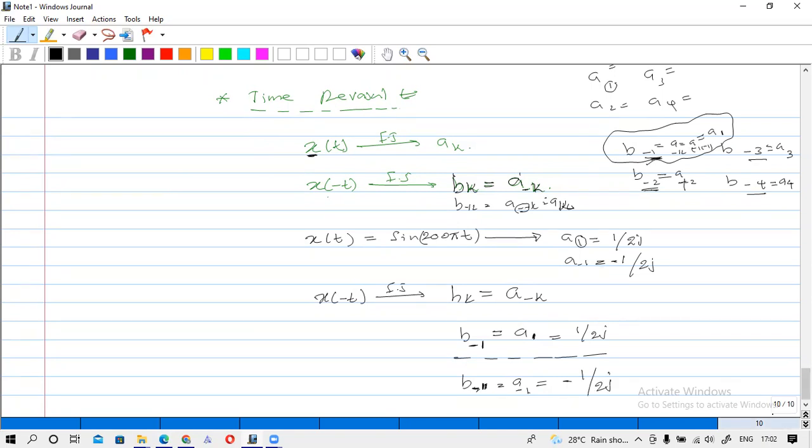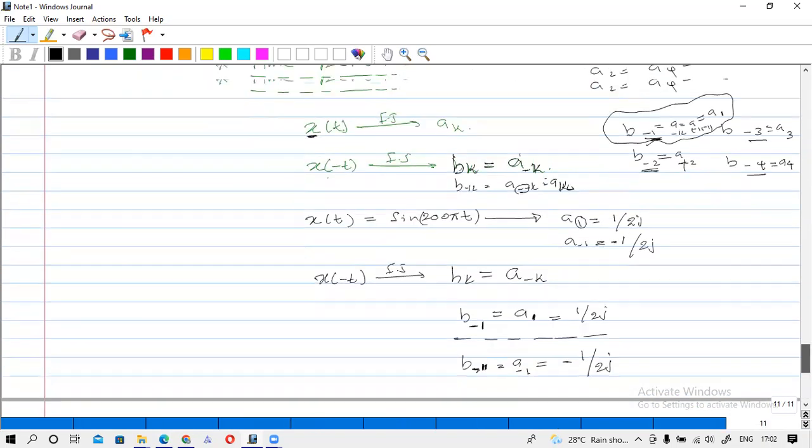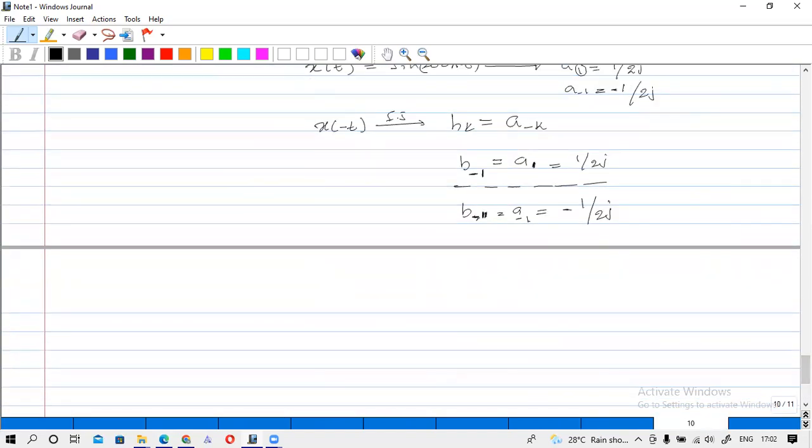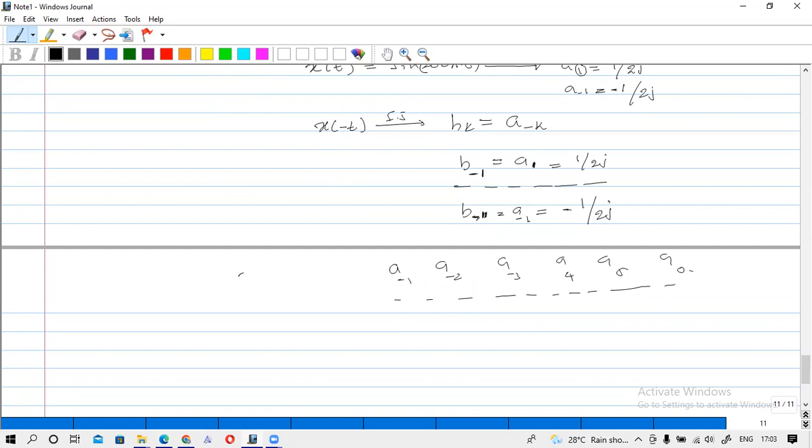So maybe you still can't understand this. It is very simple actually. What we should know is, if we have some values, let's say a minus 1, a minus 2, a minus 3, a4, a5, a0, and so on, we have some values for the signal xt.